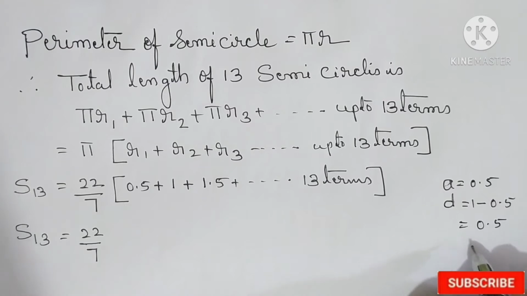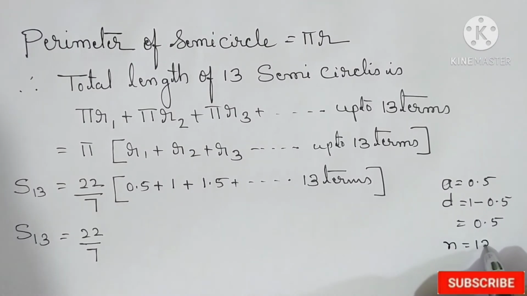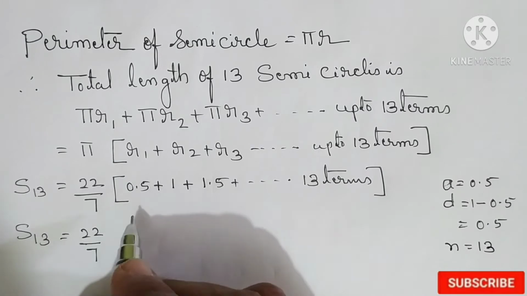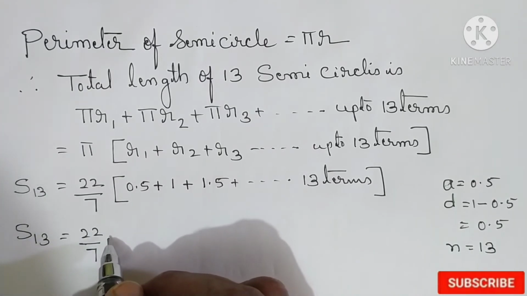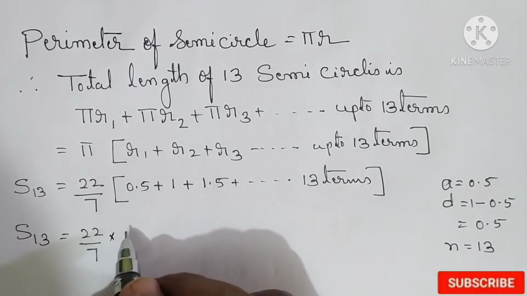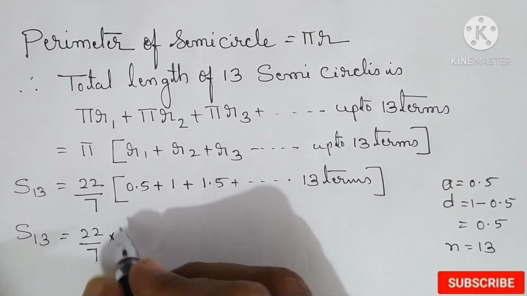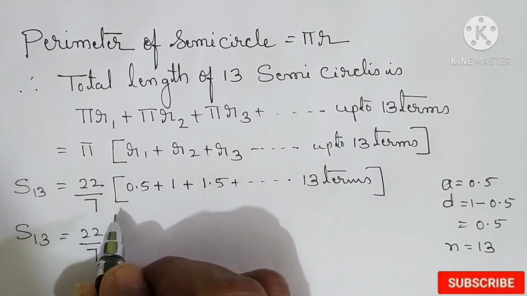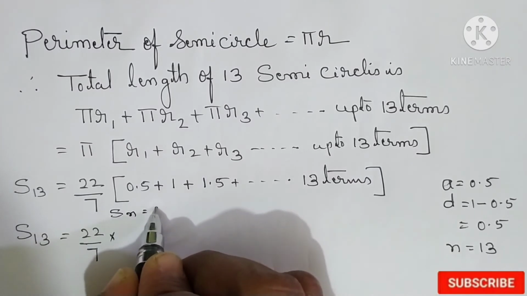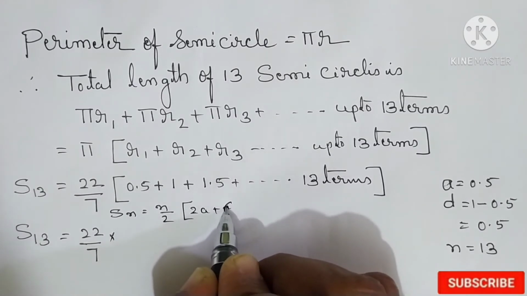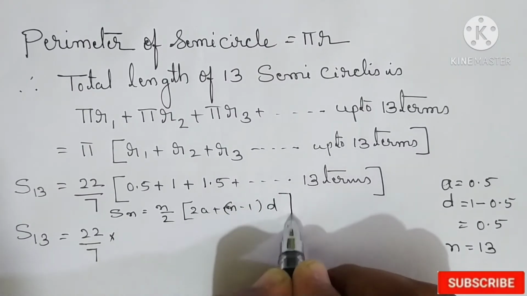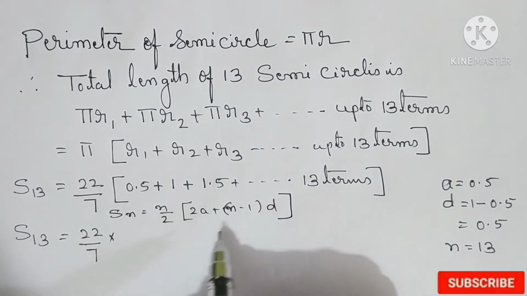Next, n is 13. We know that Sn is equal to n by 2 times (2a plus (n minus 1) into d). We have to use this formula here.